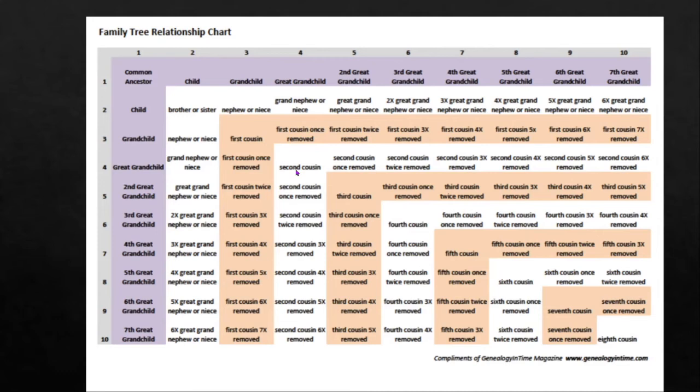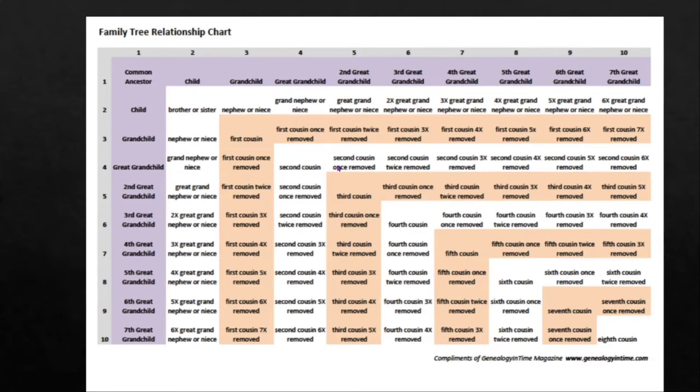And if it's your mom and she's the great-grandchild, then you are the second great-grandchild of that common ancestor. And if the relative is a great-grandchild, then you are a second cousin once removed to that relative. To your mom, they're a second cousin.